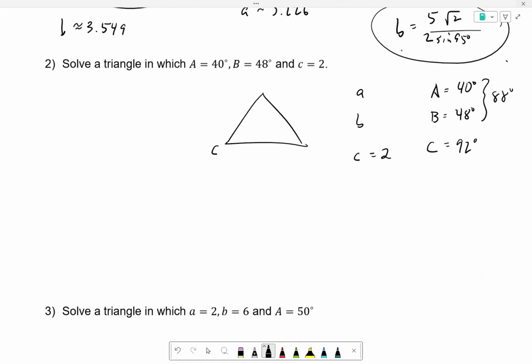Solve for A, the side A, by doing sine 40 over A is equal to sine 92 over 2, where 92 is big C. Can you walk us through the steps?